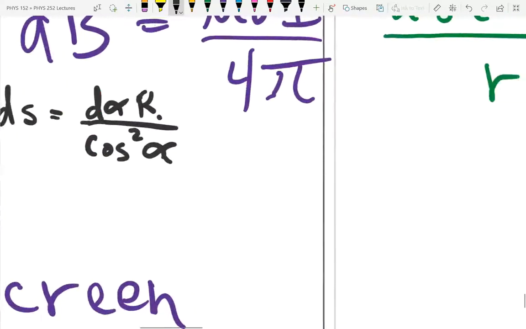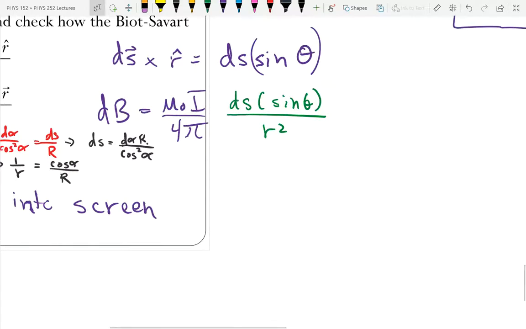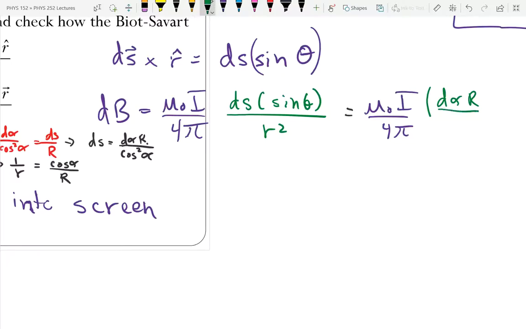Now, if I combine those, put them in here, for ds, it's d alpha r over cosine squared alpha.